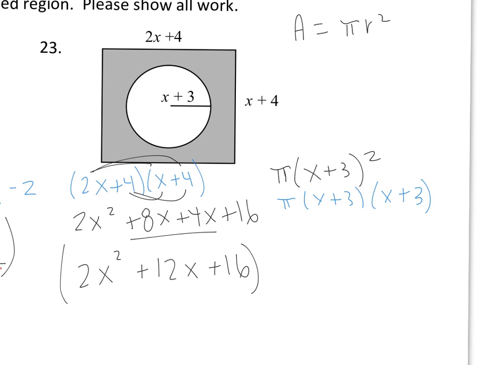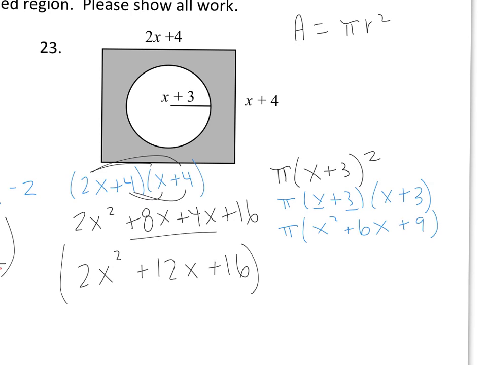This is a square of a sum, so I can go ahead and use that rule and get pi x squared for my first term. My middle term is 2 times my first term times my last term. So x times 3 is 3x, times 2 is 6x, and then square my last term, which is 9.